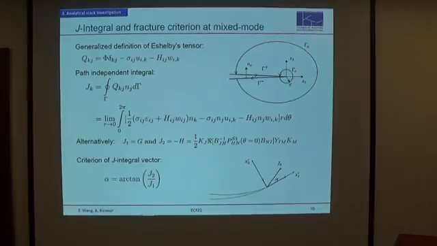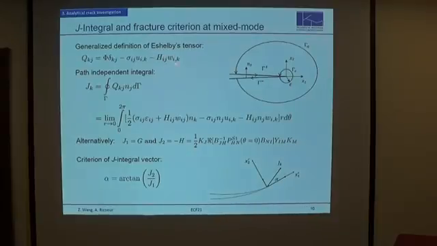And also the Eshelby-Hamiltonian tensor with the energetic observation and the J integral are derived, and we see that for the tensor we have the second term for the phason field. And the J_k, the path-independent integral, can be integrated under control with these equations, or alternatively, we know that the G vector can be calculated by the Irwin crack closure integral, where G1 equals G and G2 equals minus H through these equations.